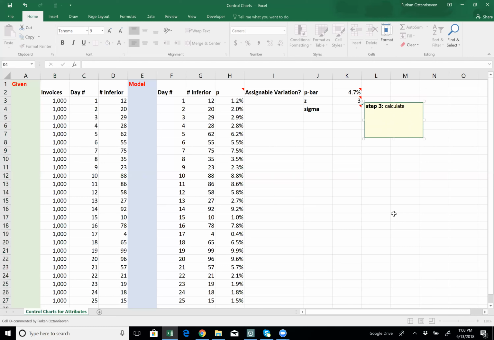Calculate the standard deviation based on binomial distribution, and n here is not the number of samples.